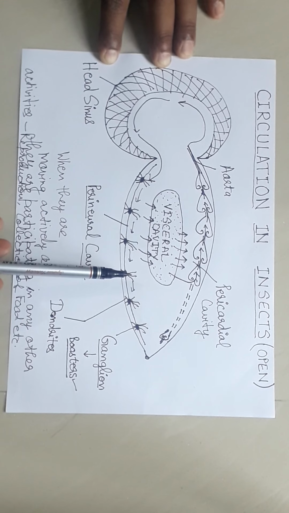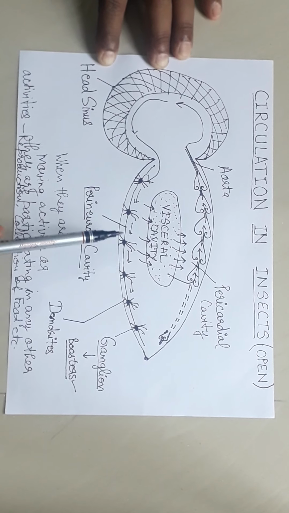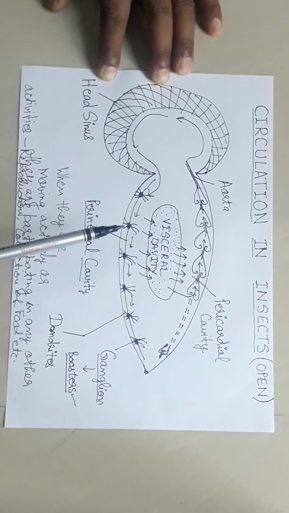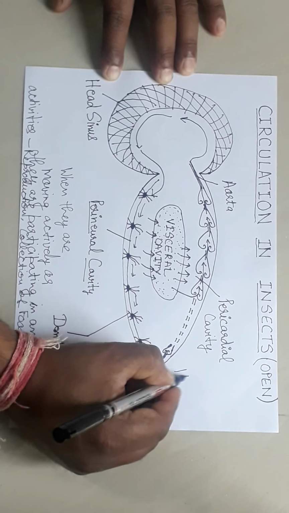and in the same manner the nervous system is also supplied by the blood. Now the blood in insects is known as hemolymph.